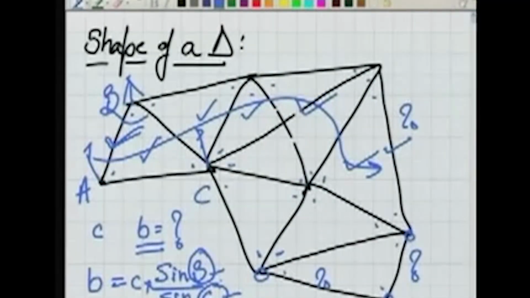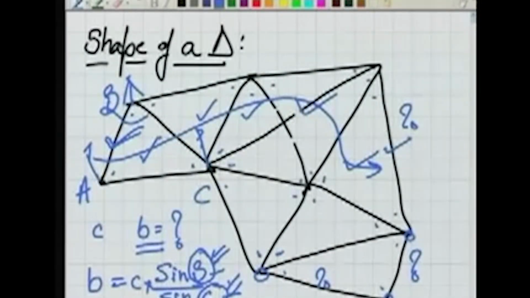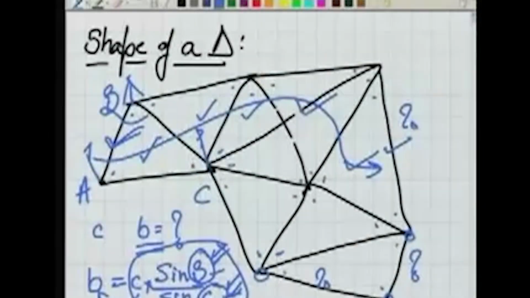Now these errors which are there in these angles will, through this computation, propagate in the value which we are computing of B. So what is happening here? In any of these lengths which we are computing, there is an influence of the errors in the observation of the angles. So we should have an idea of how this affects us.